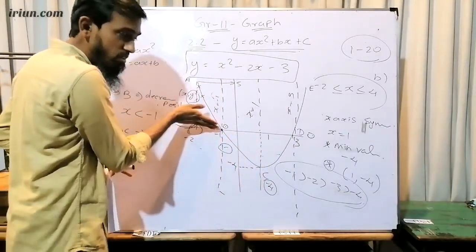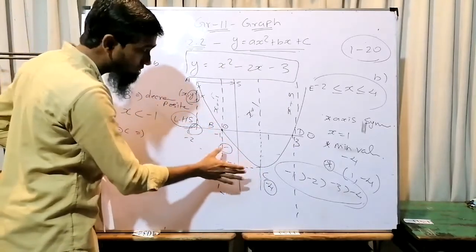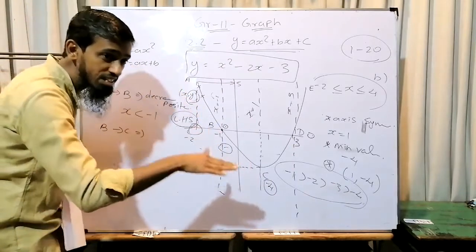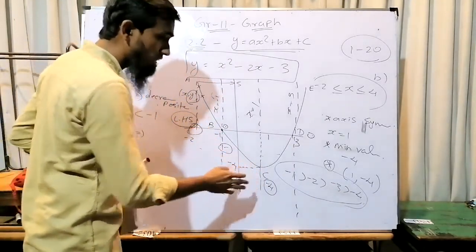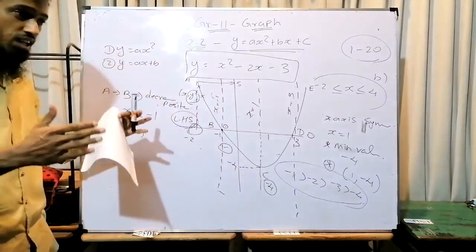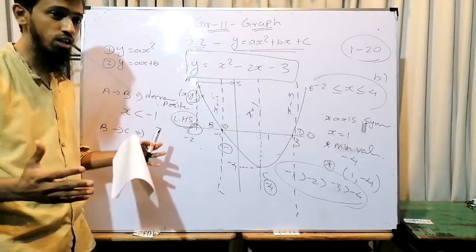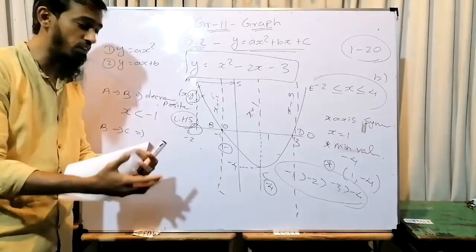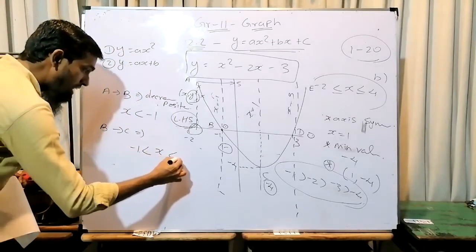So the y values of this part of the graph are decreasing negatively. So decreasing negatively, B to C, is the in between area of minus 1 and 1. The graph is decreasing for x greater than minus 1 and less than 1.